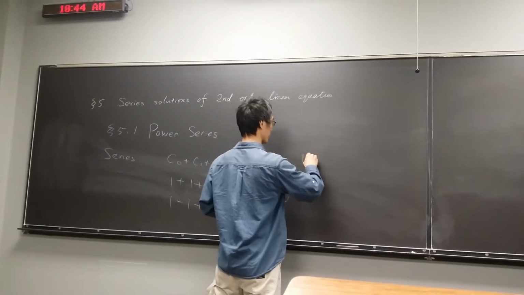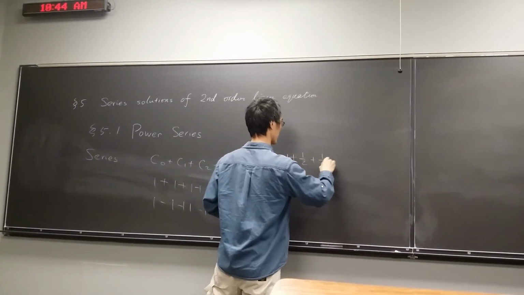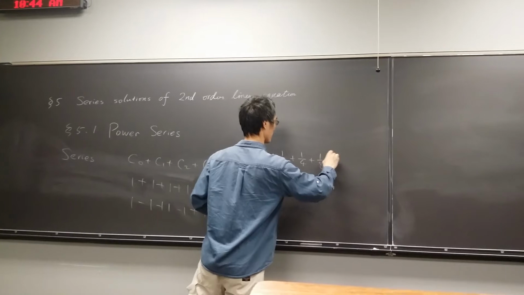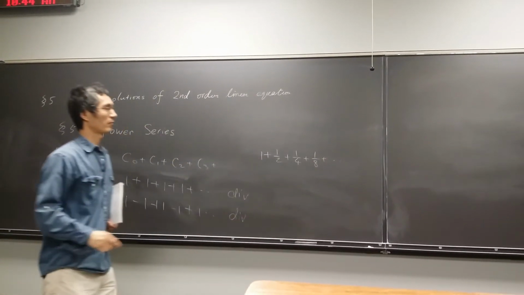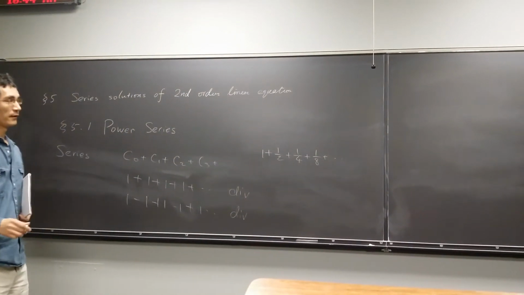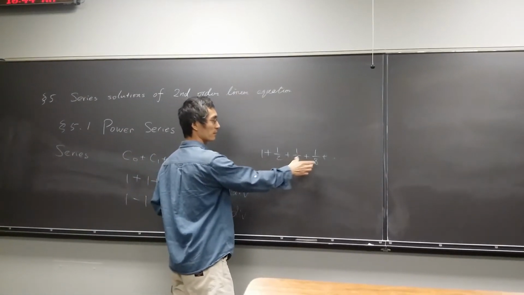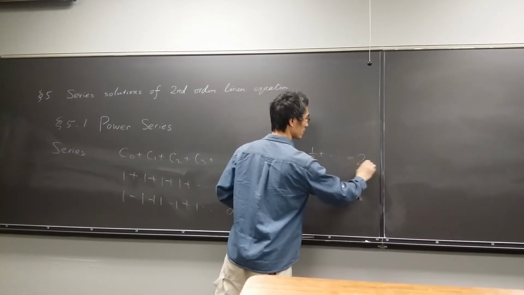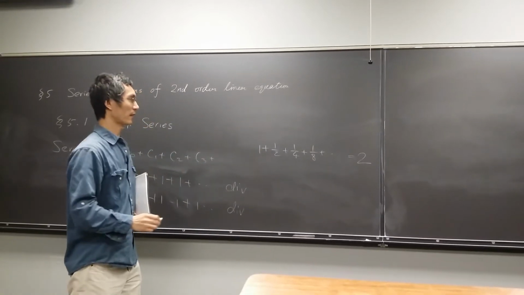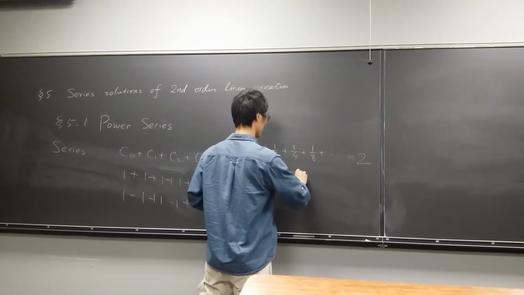On the other hand, if you have something like this, 1 plus 1 half plus 1 fourth, etc., then you will see this is getting closer and closer to the number 2. So this is convergence.